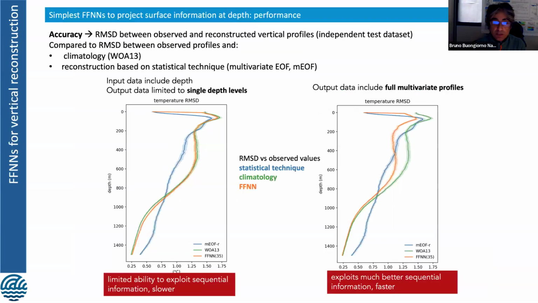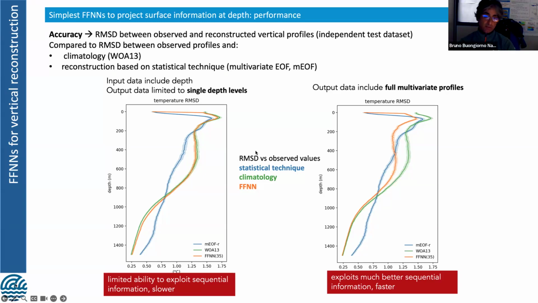So I'll show you just a few profiles of the root mean squared error that can be obtained using these methodologies. Here the retrieved profiles have been compared on the test data, so they have never been seen during the training. What we observe here is the error obtained with the different techniques.